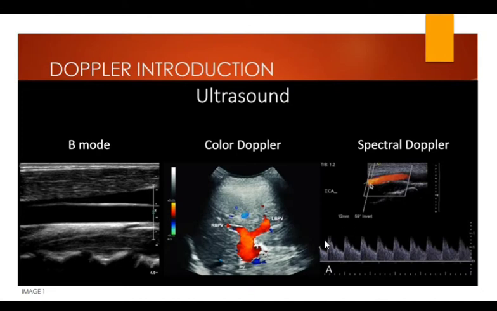And that will be a bit more clear later on in a video that I've put in this presentation. But what that little reading does is it shows you velocity over a period of time in this spectral wave down the bottom. And that's the main differences between the three modes that are on the screen right now. Keep in mind there is also continuous wave Doppler and power Doppler, but I talk about those individually later.